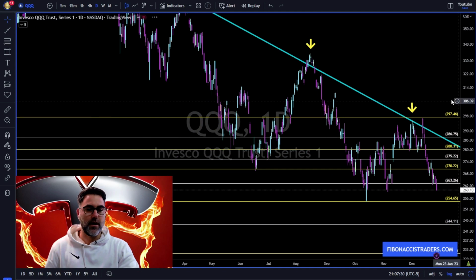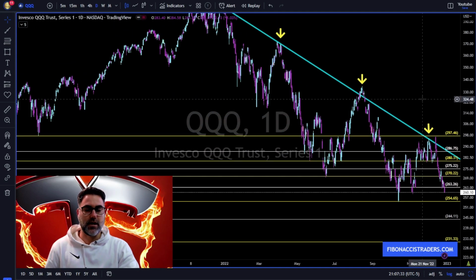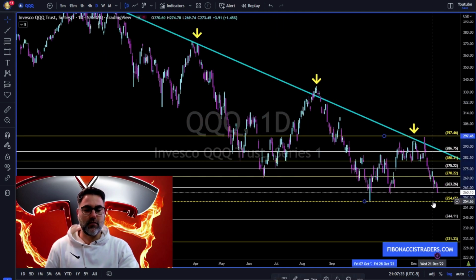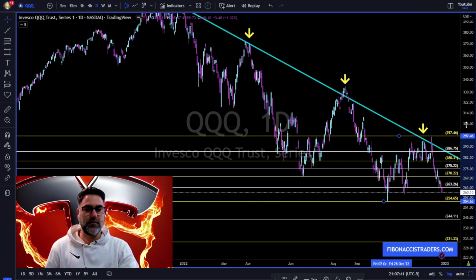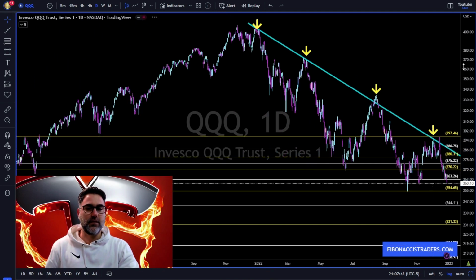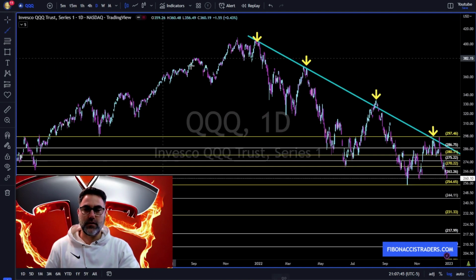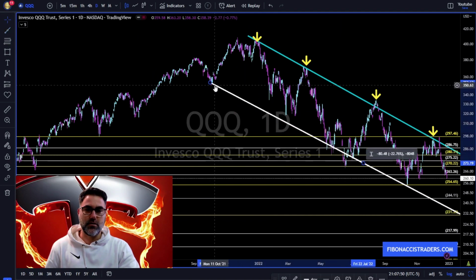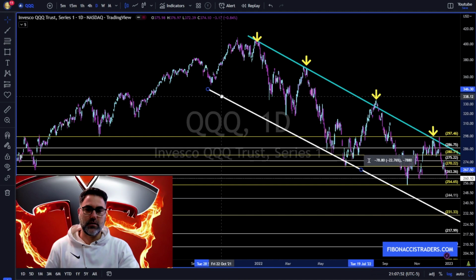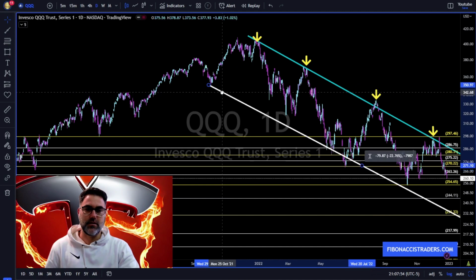QQQ, nothing bullish, and the Nasdaq going down to revisit October low at the 255, 254 area, and if it will break down and under, we have this trend line over here.